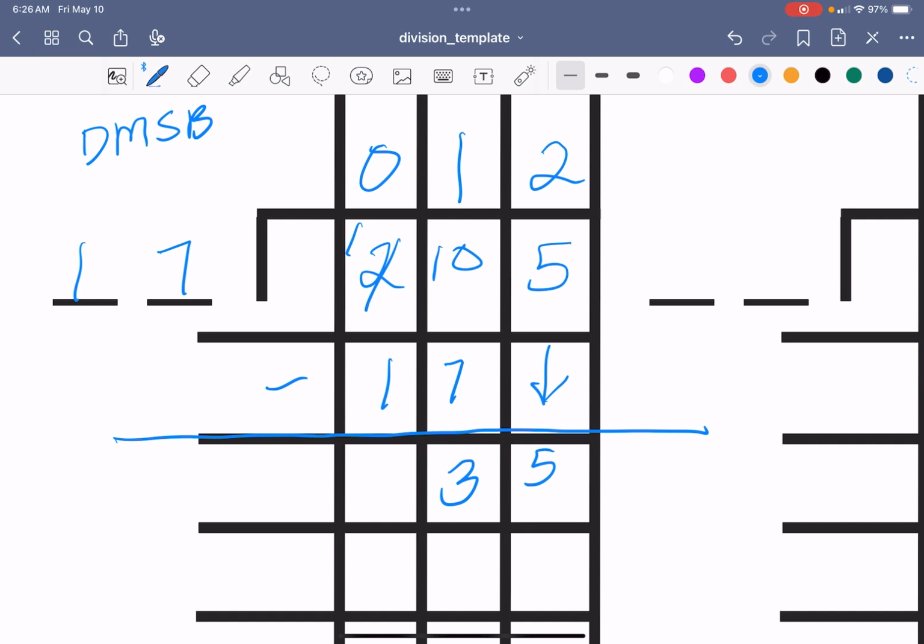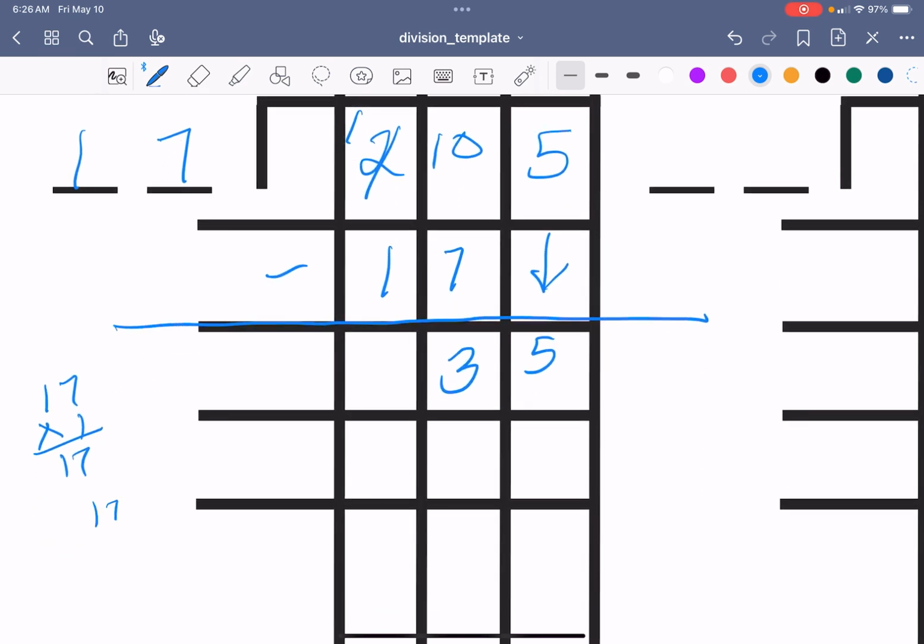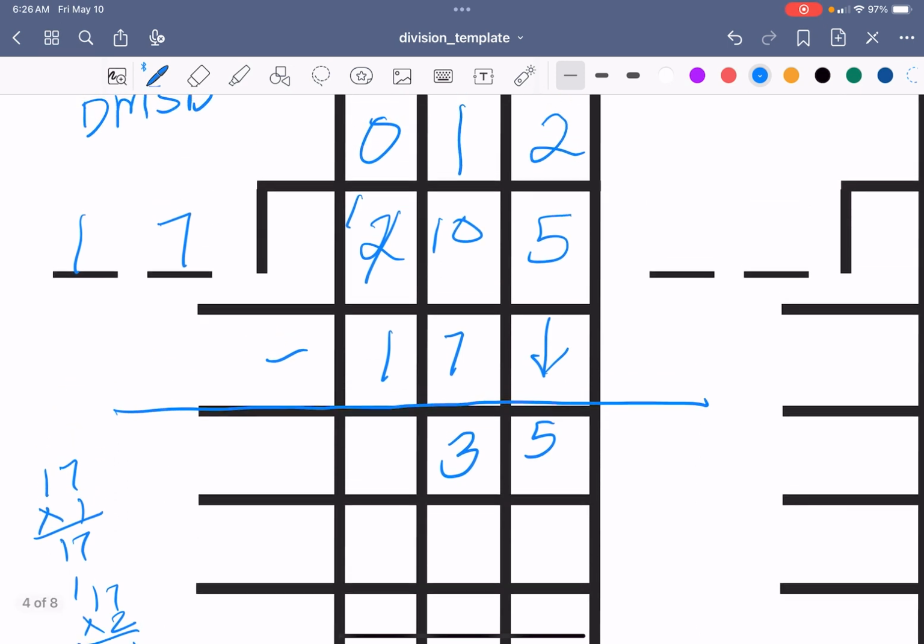How do I know? I did that in my head. So if I write it out, 17 times 1 is 17. And then 17 times 2, that's going to give me 14, carry the 1, that's 34. 17 times 3 would be too big.